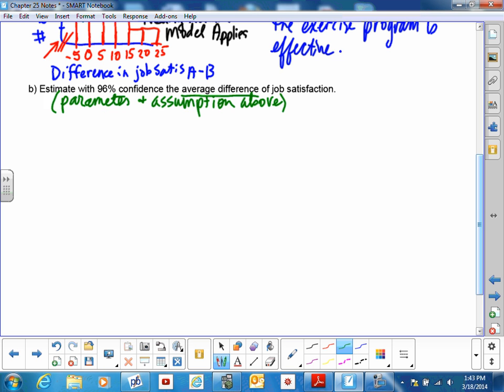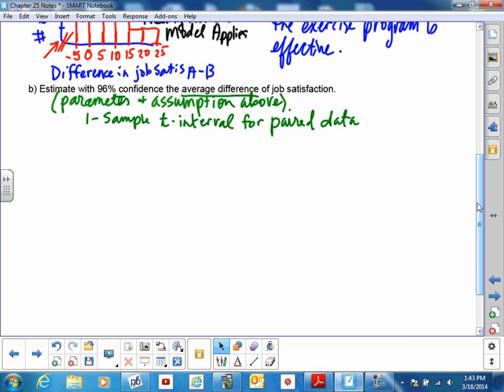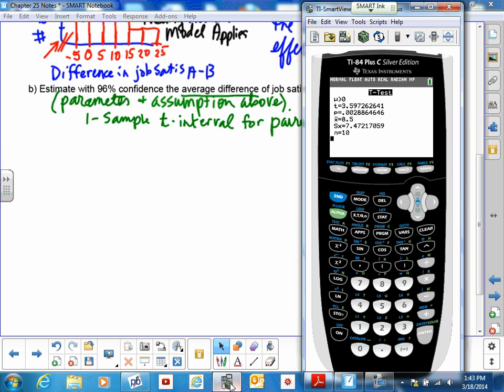Okay, so I just got to do the name, which is: 1-sample T-interval for paired data. Now, interval. We have this already in here, so let's just pop this out.